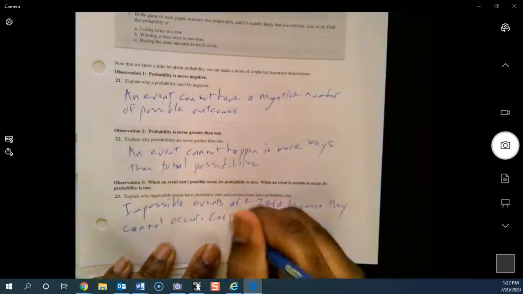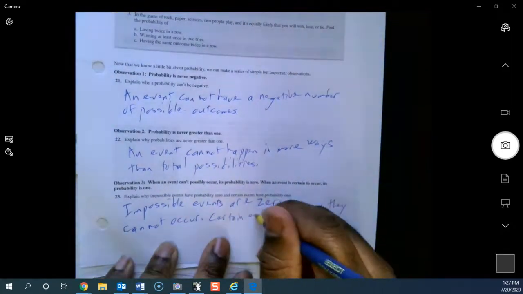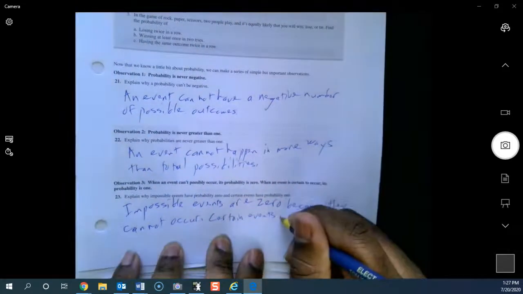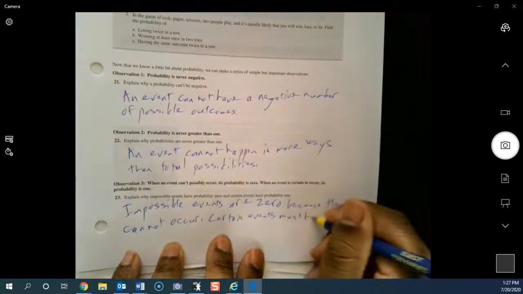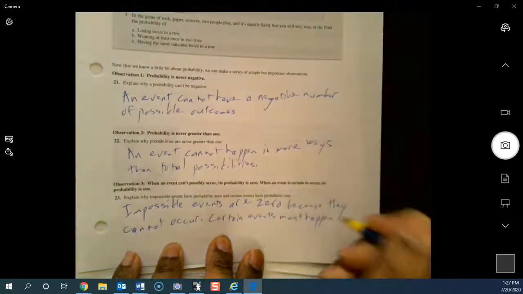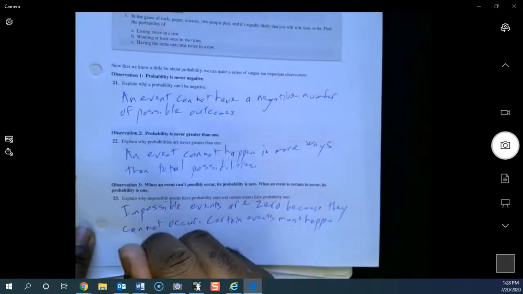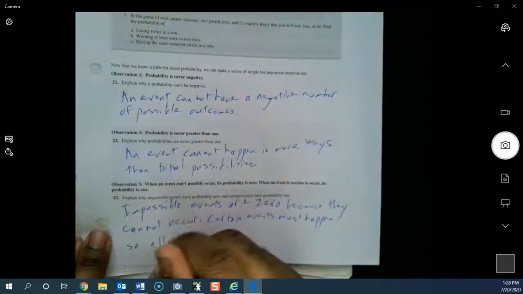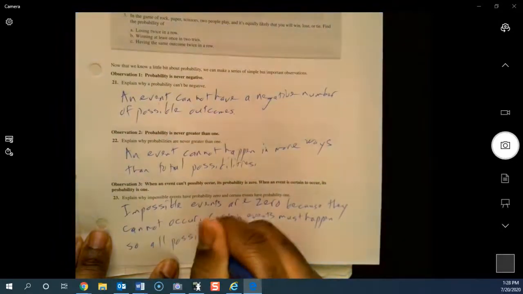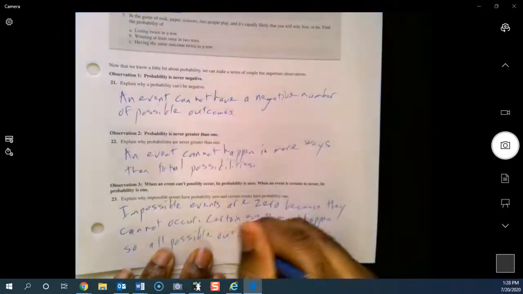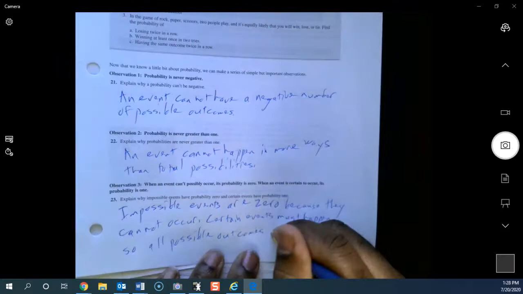Certain events must happen. So all possible outcomes will occur.